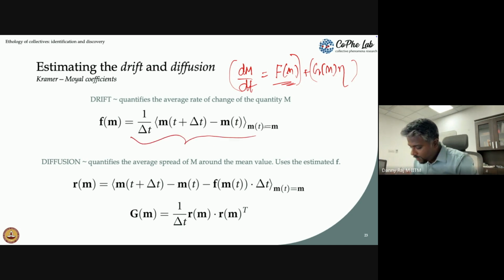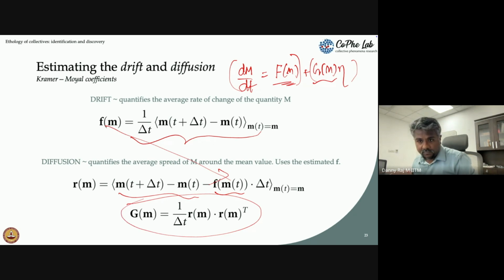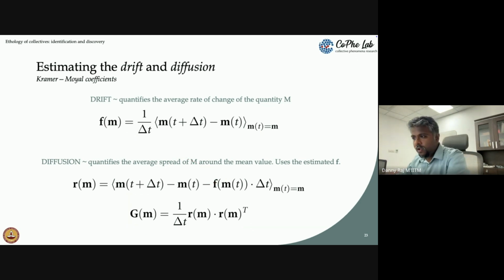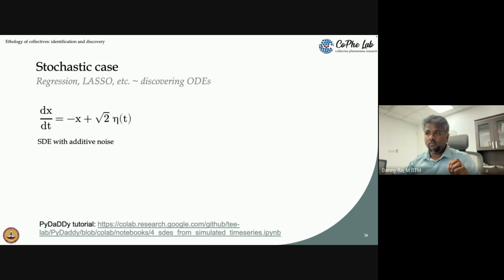That is exactly what this is. This is after I remove this from my estimate, what is the correlation that you see in some sense. So diffusion kind of quantifies the spread that you see about the average. So now you have these formulas. What you'll be able to do is extract these formulas from a time series. So let's just try to look at an example.